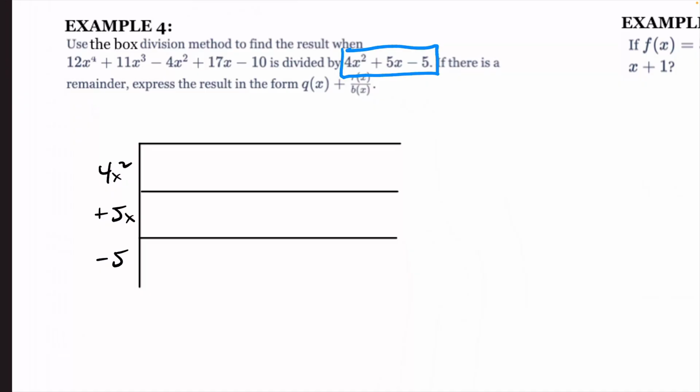Everything's the same. First guy goes in the first spot. First term, 12x to the 4th, is going to go in the first spot. What goes above 12x to the 4th? What's going to need to multiply? 3x squared, right?